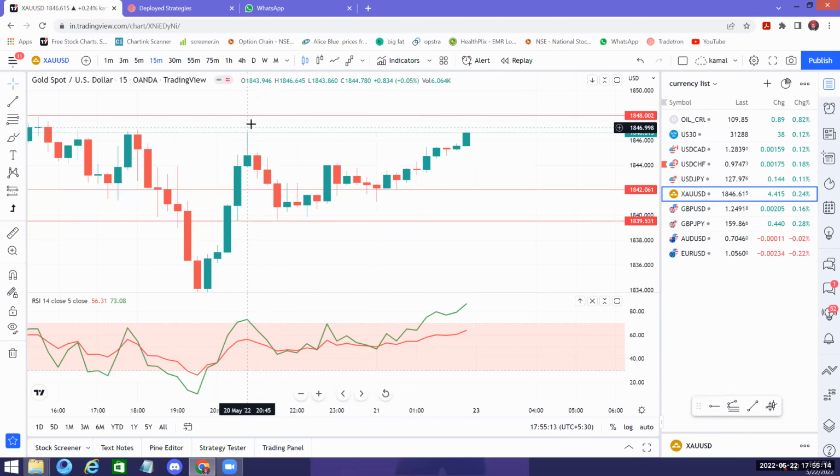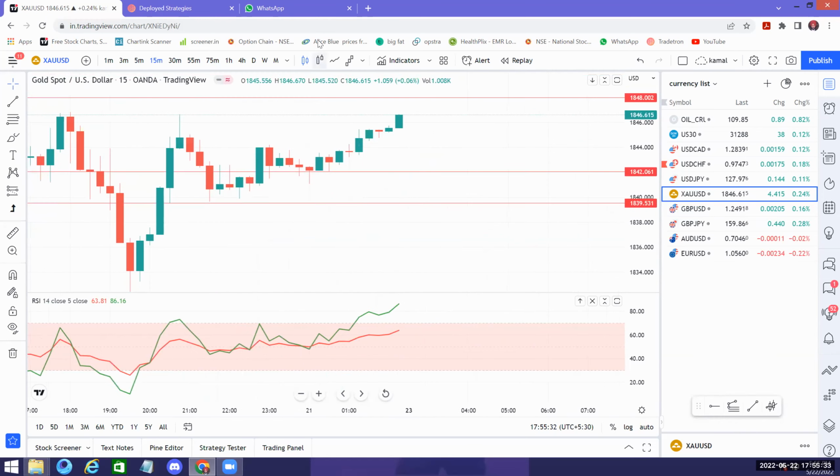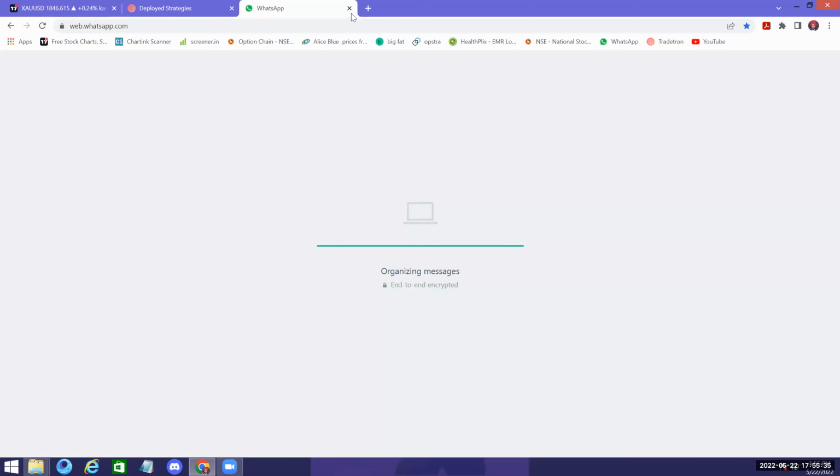At 5, you will suddenly see a huge amount of money coming in. I had 6 nano lots of gold out here. I'm still in the trade. It's giving me $12, sorry, $16 it's giving me. You are even giving me more. Let's see.